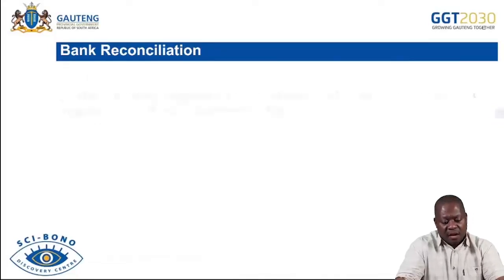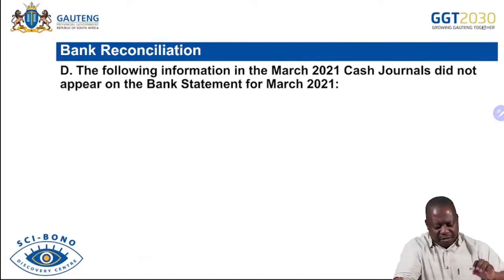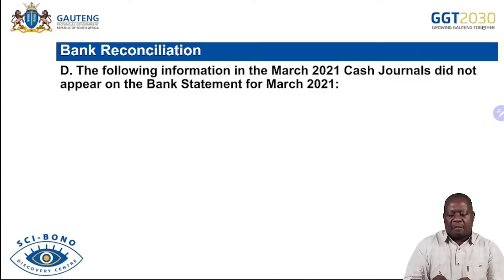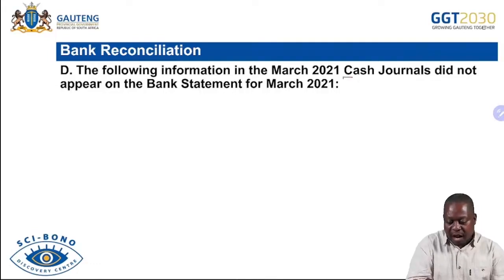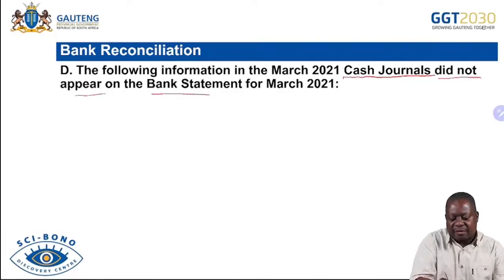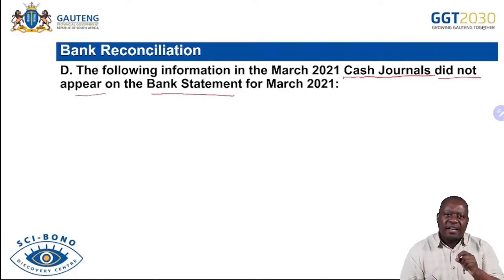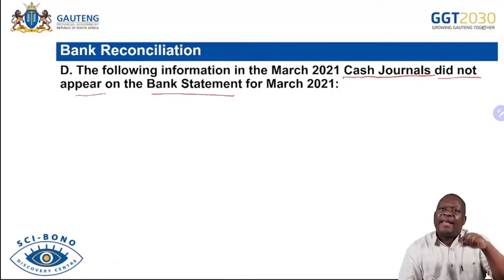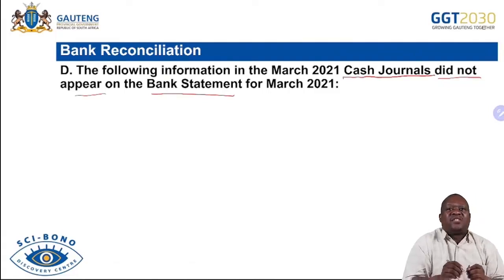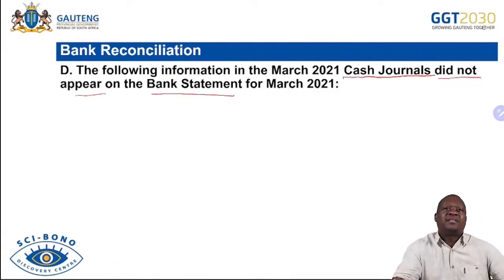And then we are given information D, and it says, the following information for March in March cash journals did not appear on the bank statement. So it means this information that we are going to see now is there already in our cash journals, but it is not appearing on the bank statement.